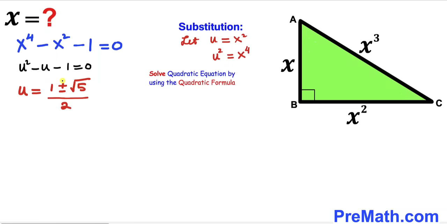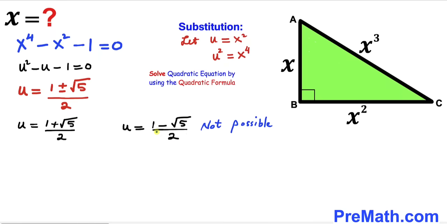Now we are going to separate these two signs, positive and negative. Our first solution is u equals 1 plus square root of 5 all over 2, and the other value is u equals 1 minus square root of 5 all over 2.